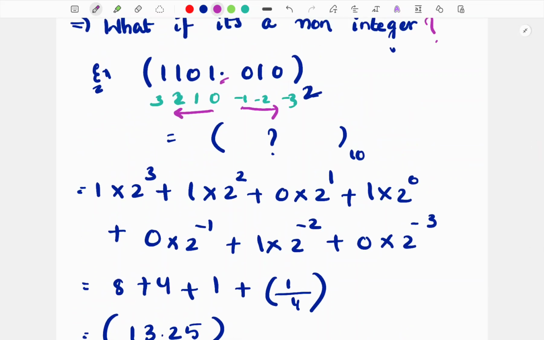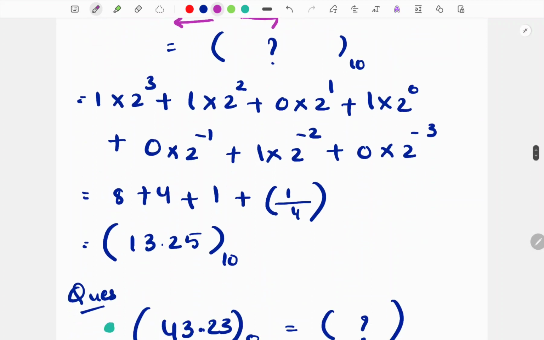To convert this binary into decimal: 1 into 2 power 3 plus 1 into 2 power 2 plus 0 into 2 power 1 plus 1 into 2 power 0 plus 0 into 2 power minus 1 plus 1 into 2 power minus 2 plus 0 into 2 power minus 3. If we compute the result, we'll get the number in decimal.